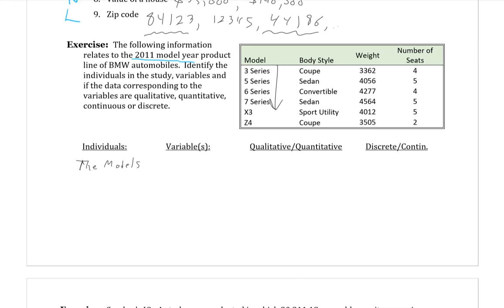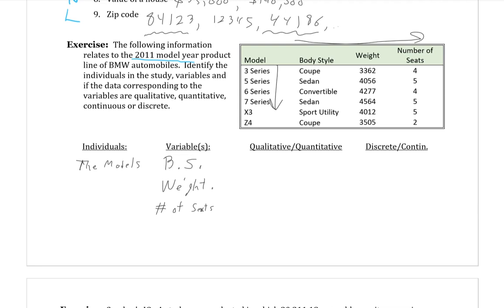The variables are the things that describe them: the body style, weight, and number of seats. The body style of the model, the weight of the model, the number of seats of that model.